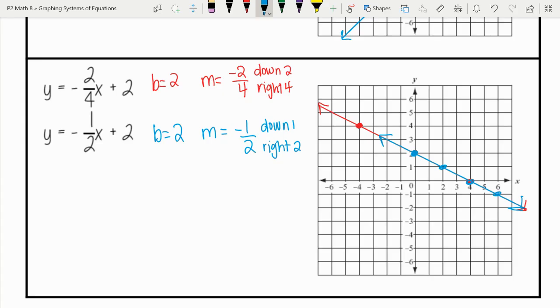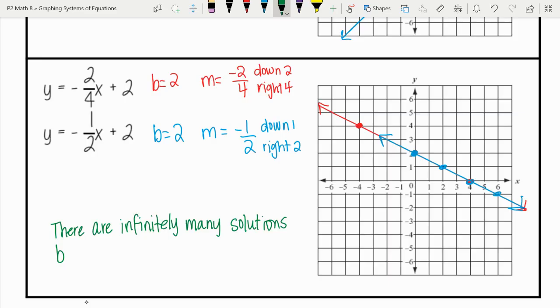And so in this case, we would say that there are infinitely many solutions, because the lines overlap. They cross everywhere. It's the same line.